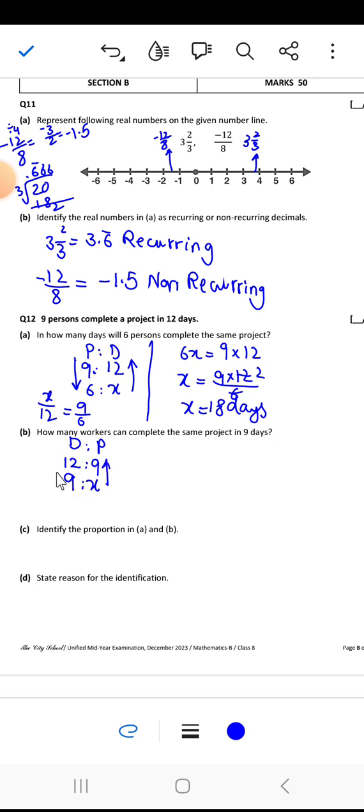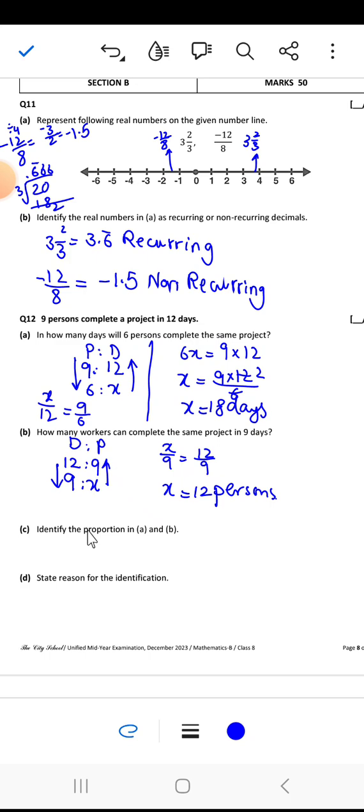Inverse proportion, so I will put the arrows in the other direction, and the equation will be x by 9 is equal to 12 by 9. So x would be 12 persons. When there were 12 days, 9 persons were enough, but now there are 9 days, so we need 12 persons to complete the same.